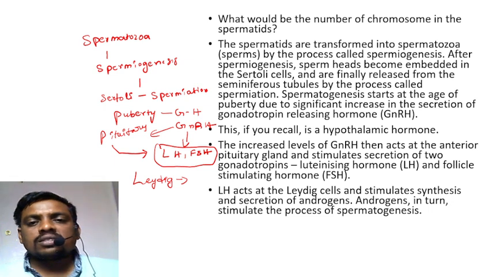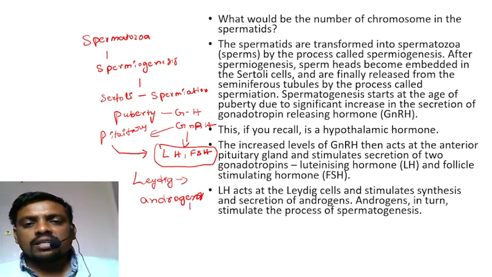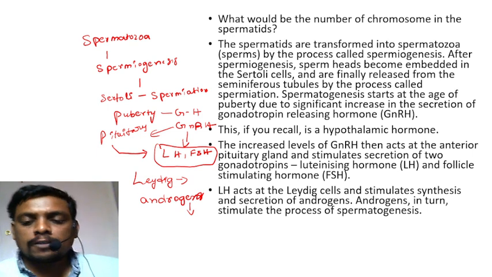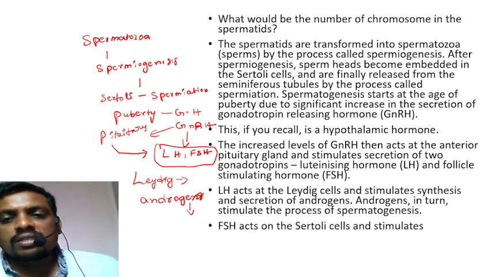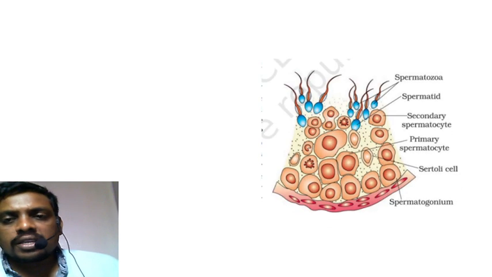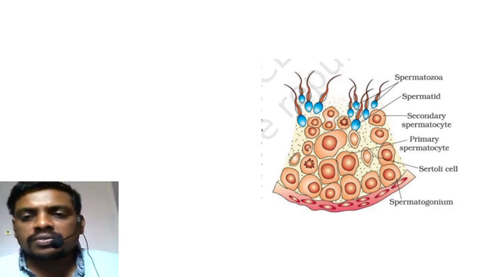It stimulates the synthesis and secretion of androgens. Androgens in turn stimulate the process of spermatogenesis. Finally, FSH acts on the Sertoli cells and stimulates various types of cells.